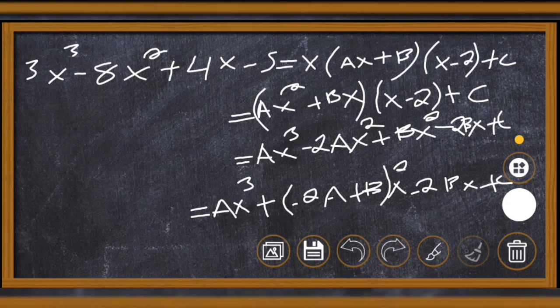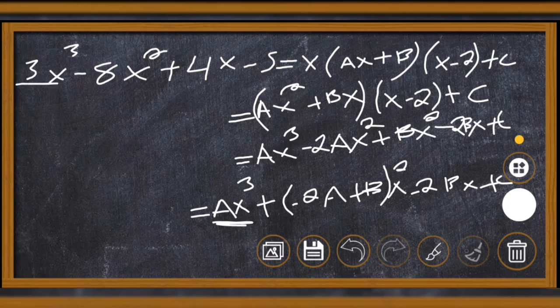Now, remember, in the first place here, we have 3x raised to power 3, negative 8x squared, positive 4x, and minus 5. If we compare this to what we already have here, we can see that the only term which has x raised to power 3 is 3x power 3.